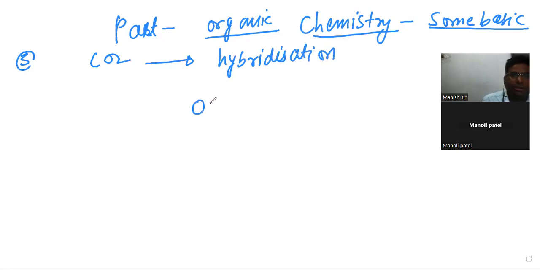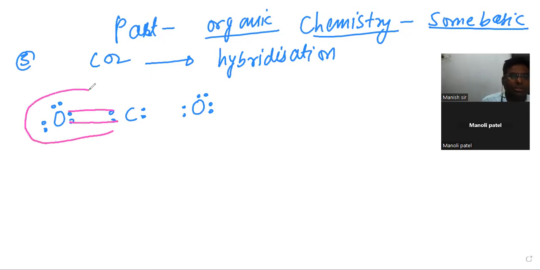So as we know, oxygen has 6 electrons in its last orbit and carbon has 4 electrons in its last orbit. So there are a total of 2 atoms of oxygen. So this will do the bonding, right? So it will share the electrons. So oxygen has completed its octet.